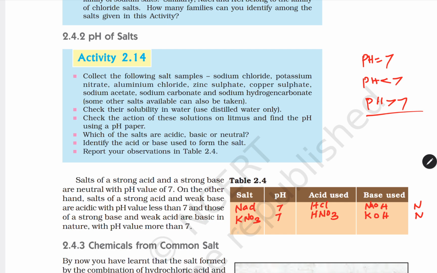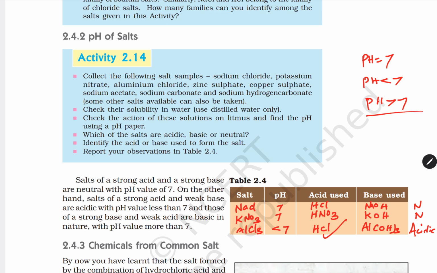For example, take aluminium chloride, AlCl3. In this case you will get less than 7 because here we are taking hydrochloric acid and aluminium hydroxide, Al(OH)3. So this is acidic in nature because HCl is a strong acid and aluminium hydroxide is a weak base.